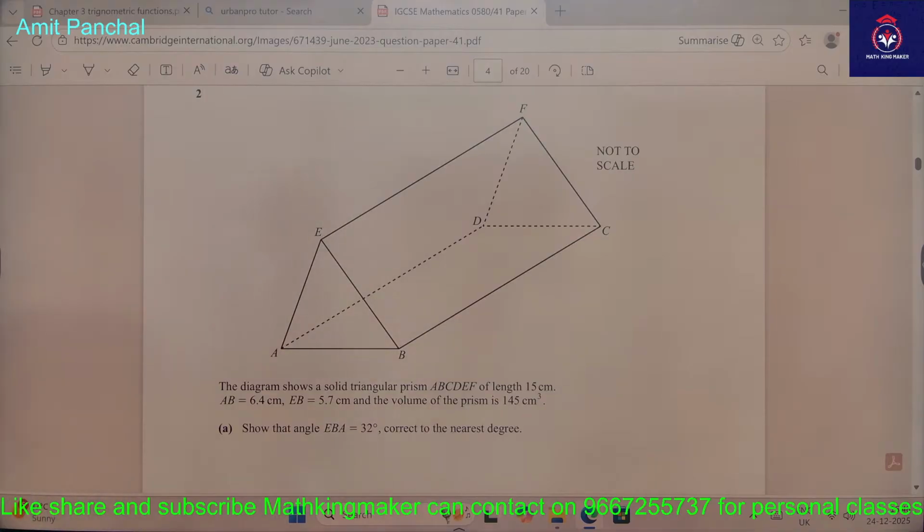For all of our exams, we are actually going to get a formula sheet. So I used the formula sheet from a different paper to help me with this paper. The formula for the volume of a prism is the cross section multiplied by the length. So what is its cross section area?